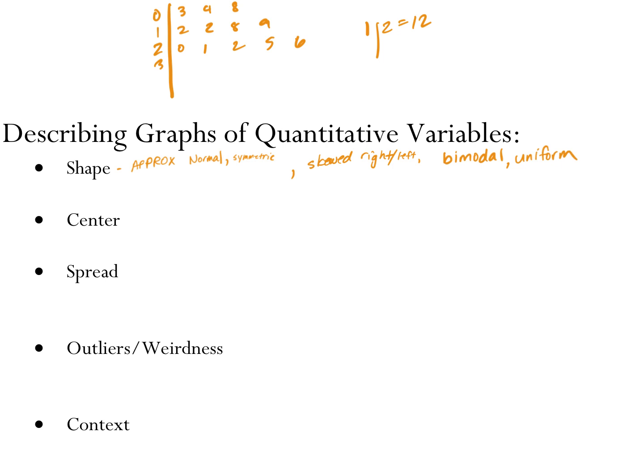What does skewed right mean? The tail is on the right. Skewed left means the tail is on the left. So when you're describing skewness, you're describing the tail, not the mode, not that most frequent pile. You're describing where the strange values are. Okay? All right.